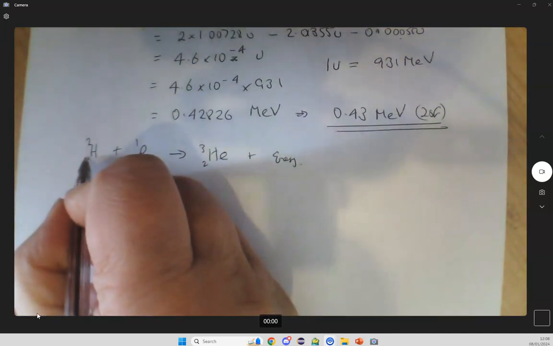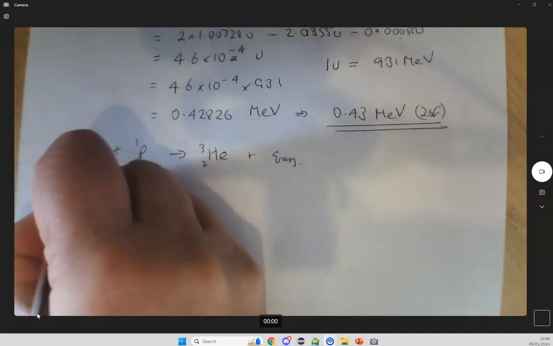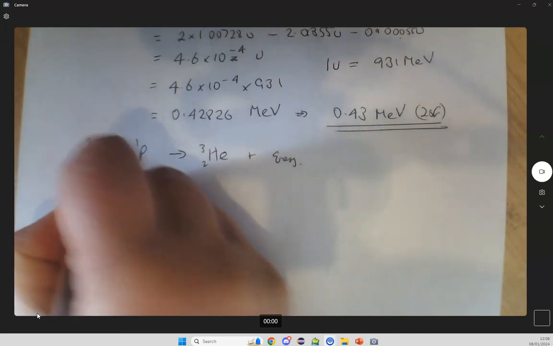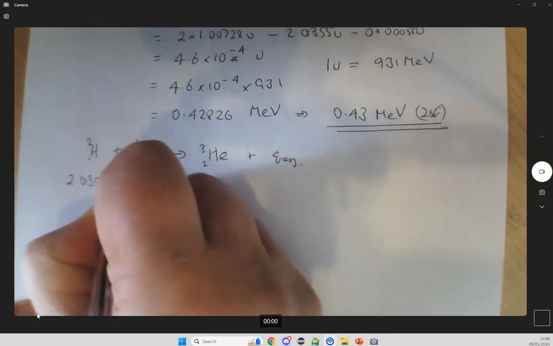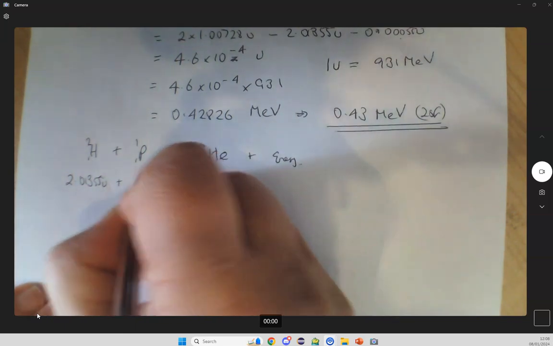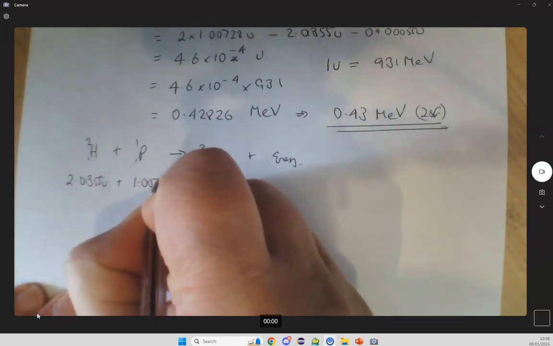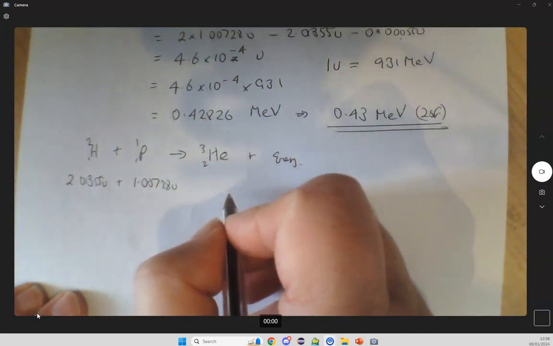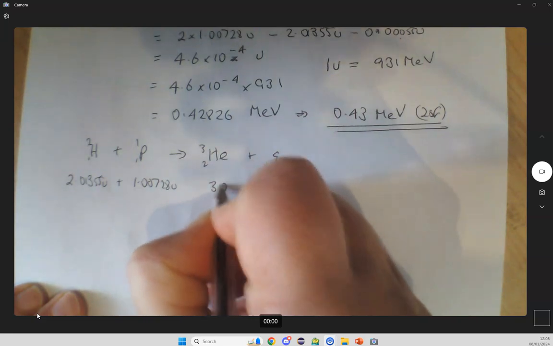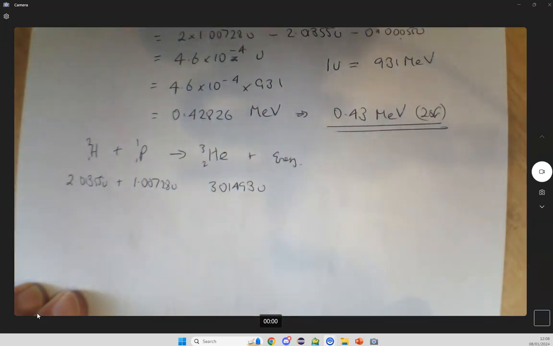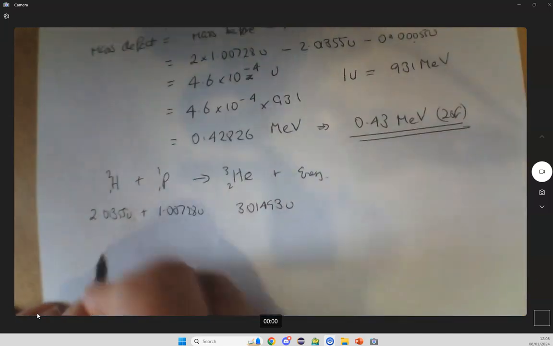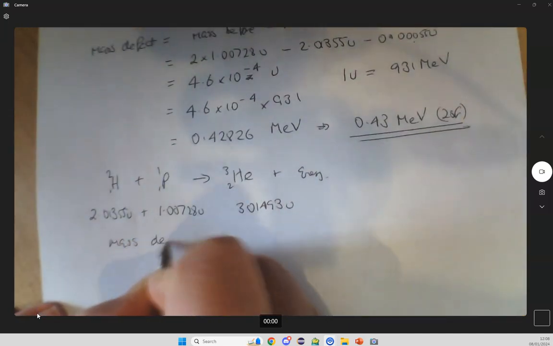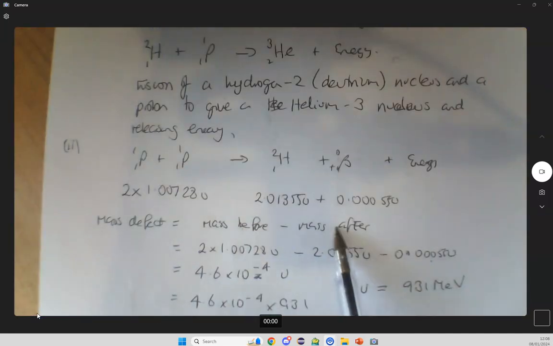The hydrogen 2 nucleus has a mass of 2.01355 U. The proton has a mass of 1.00728 U, and that gives us a helium 3 nucleus, which has a mass of 3.01493 U. Same idea as before: we've got to work out the mass defect. The mass defect is the mass before minus the mass after, which tells us how much mass was lost and therefore how much energy is released.